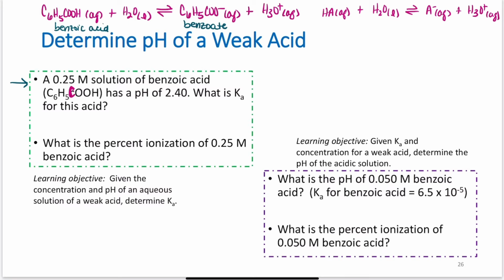I know initially I have a 0.25 molar solution of my acid, none of my conjugate base, and none of my hydronium present. Or I say approximately none, because truthfully, the hydronium concentration at the start is always equal to 10 to the minus 7th because of water.